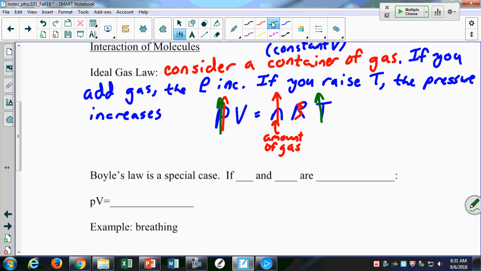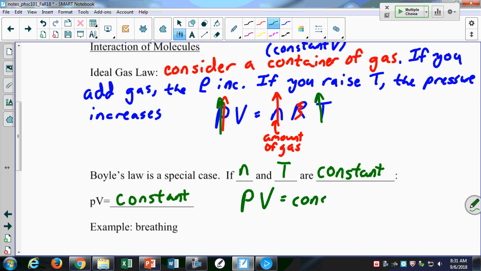If n and T are constant, then PV is equal to a constant value. So if P and V are varying, what that means is that if one of them goes up, then the other one goes down.